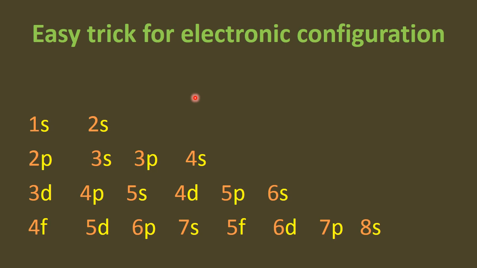We know that the K shell has only the S subshell, while the L shell has two subshells which are S and P. The M shell has three subshells which are S, P and D, while the N shell has four subshells which are S, P, D and F.